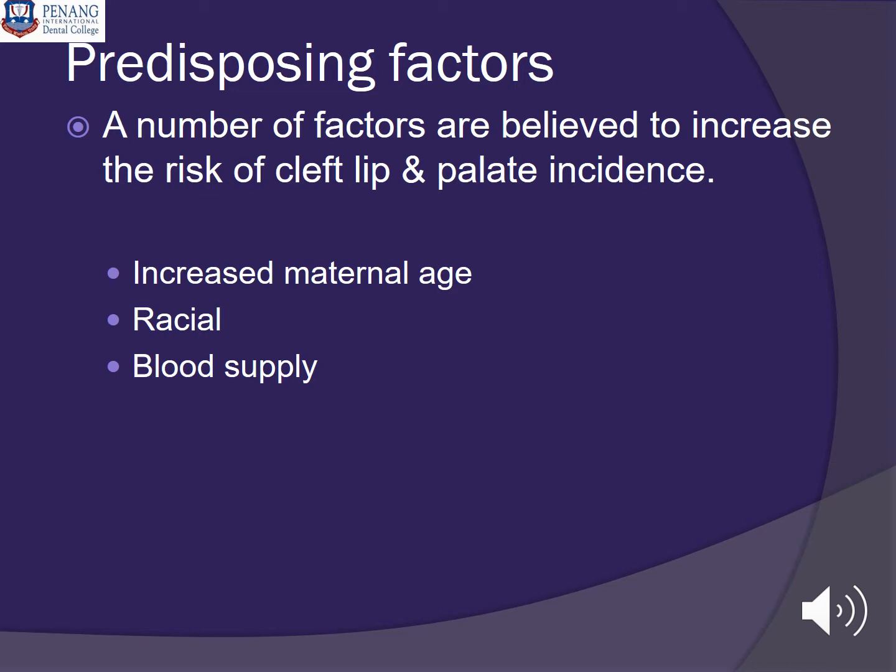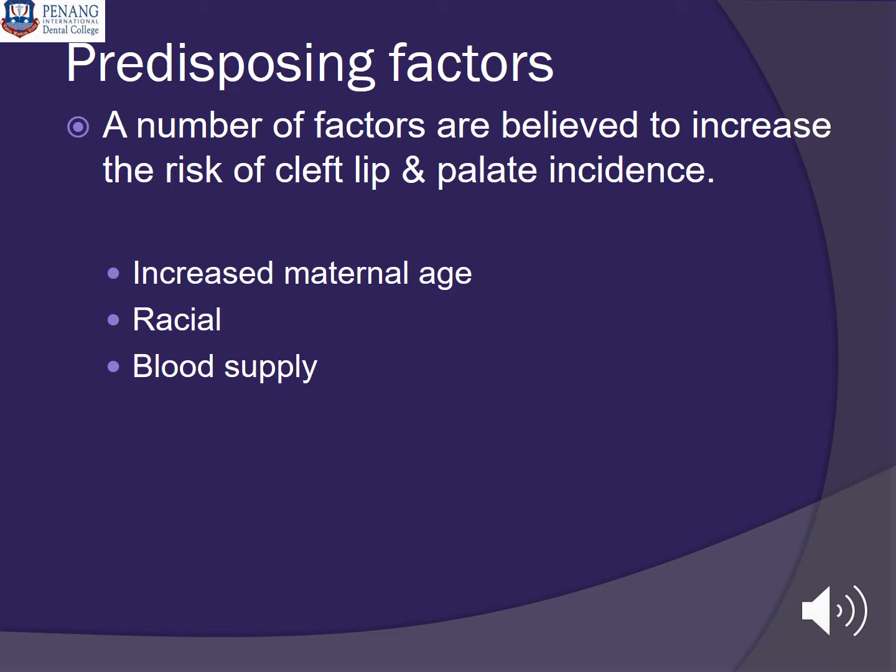For the predisposing factors, a number of factors are believed to increase the risk of cleft lip and palate incidence. First is increased maternal age. Women who conceive late have an increased risk of having an offspring with some form of clefting. The cause is unknown. Secondly is racial.